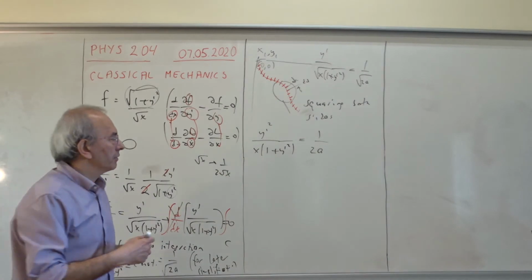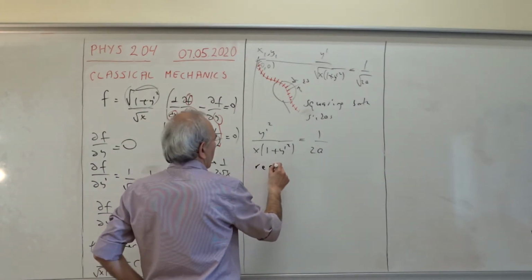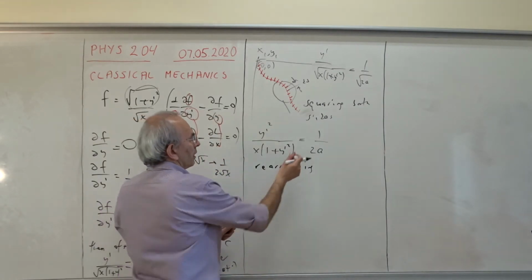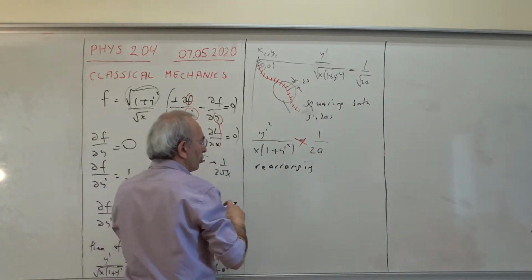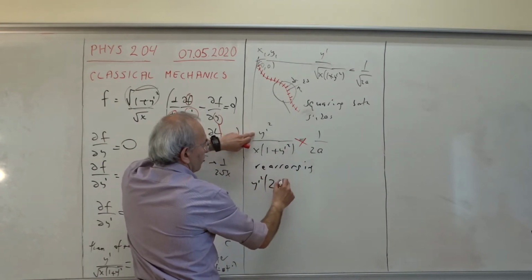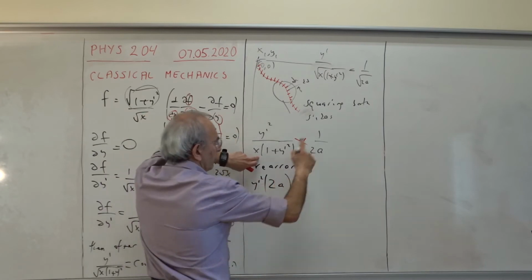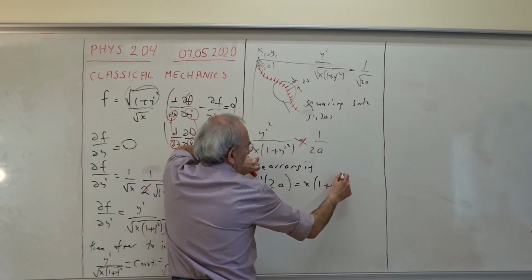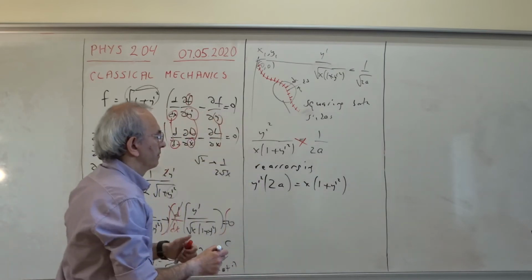Then rearranging, so we simply multiply these. So we have y prime squared multiplied by 2a on one hand, and on the other hand we have x times 1 plus y prime squared.